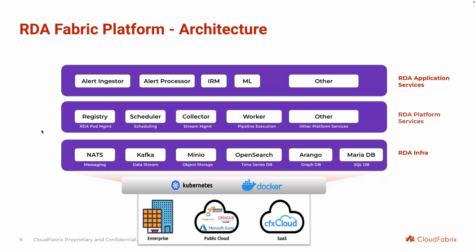When we talk about the RDA infrastructure, we have the messaging services, which do the pub/sub, publish and subscribe kind of services, for streaming the data both internally and external to our platform. Then it has the S3-compliant object store service, which is MinIO. And we use OpenSearch, a schema-less NoSQL database, for processing metrics, events, logs, and even asset inventory data as well.